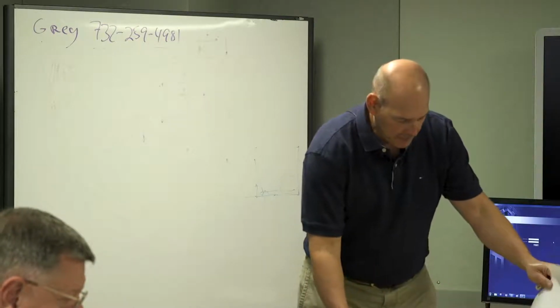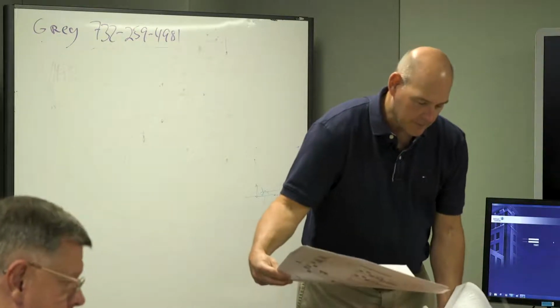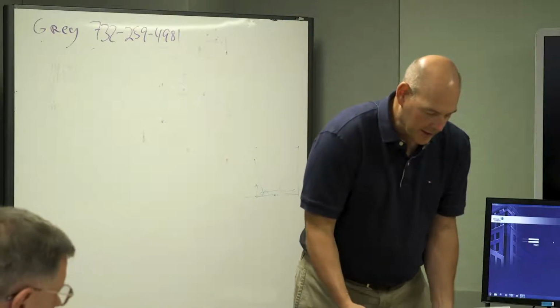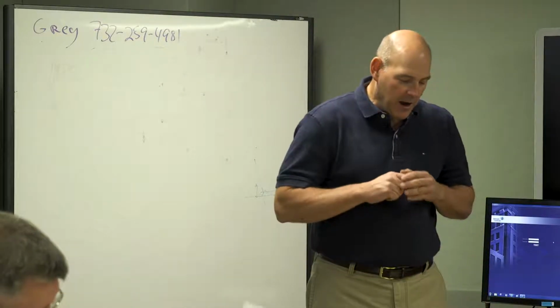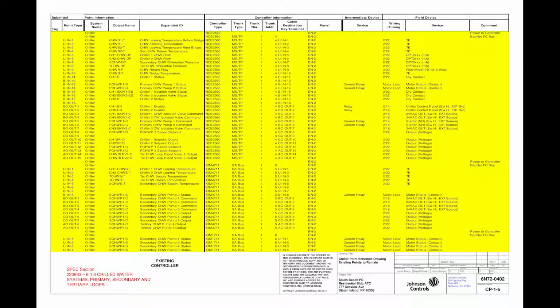All right? If you flip over to the next page, it's all kind of yellow, but this is all your I/O. And this is important because if you have a problem, this tells you where every single wire is landed. So when you have a control panel, this will tell you. The UI is universal input. I/O, I'm sorry. Would you remind me? This I/O is input output.